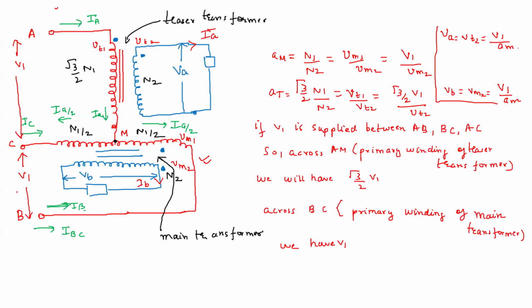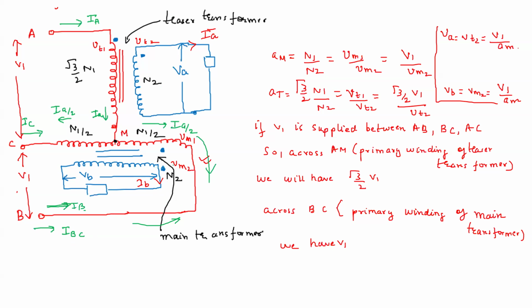IB current is nothing but this IBC minus IA2, because IA2 is coming down like this and IBC is going like this. So IB, which is effective IB, because when the current IB will flow here, IBC will also start to flow. Okay, because this current in this transformer is leaving the dot, so IBC starts to flow entering the dot, as for the transformer.